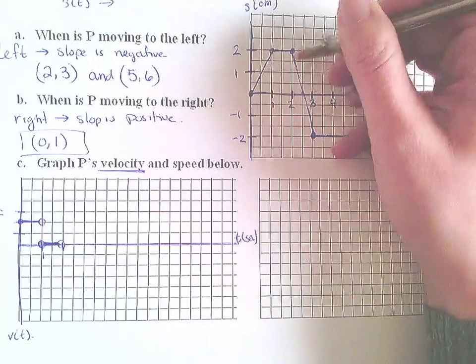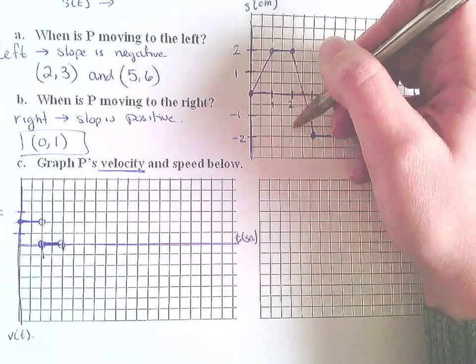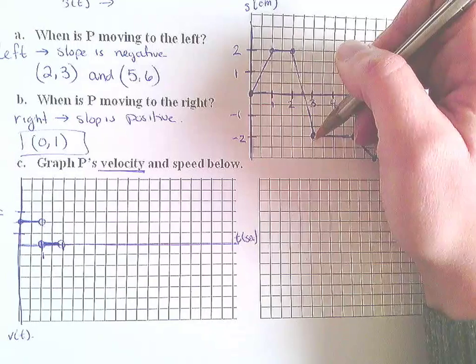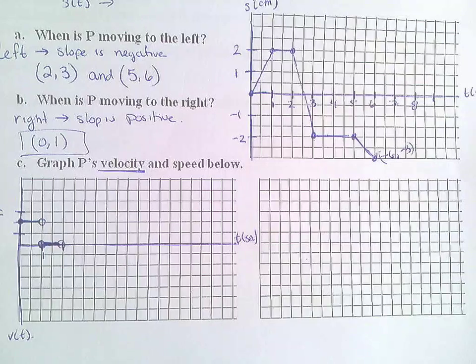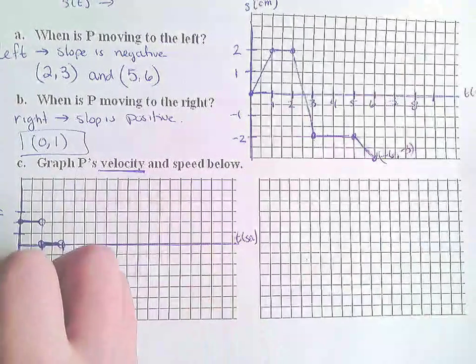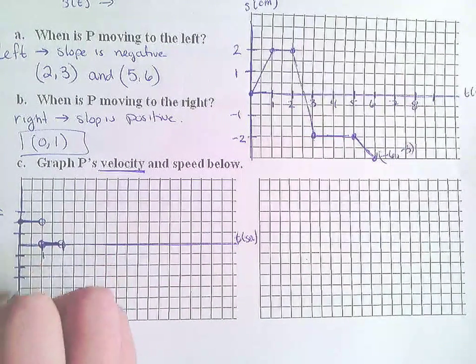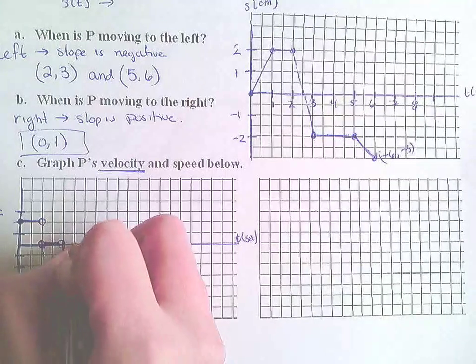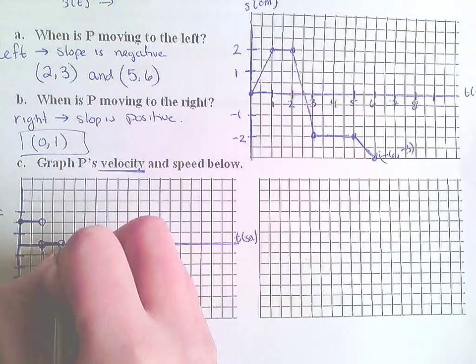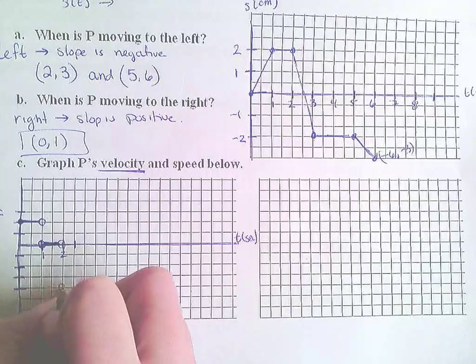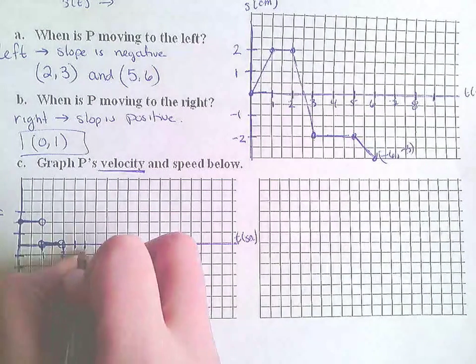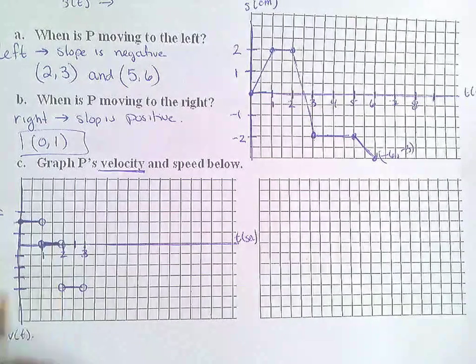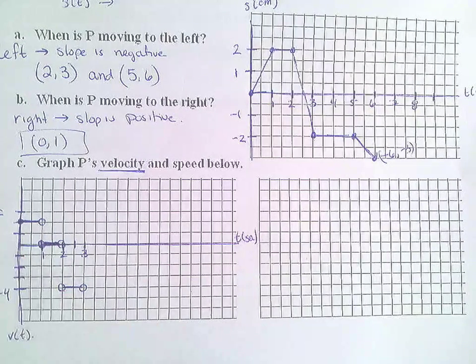So the slope is 4, okay, but negative 4. So here's 1, 2, 3, 4, so that's 2. So from 2 to 3, my slope is negative 4.